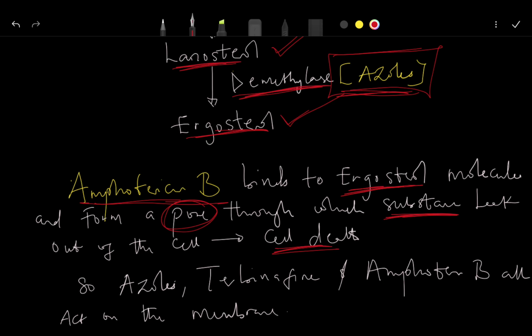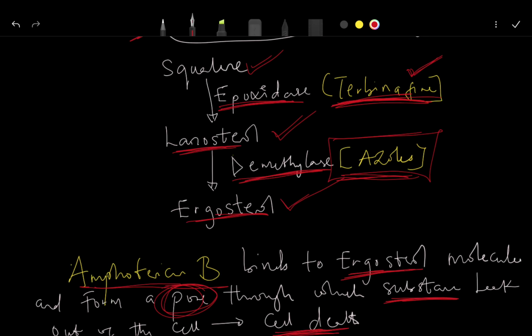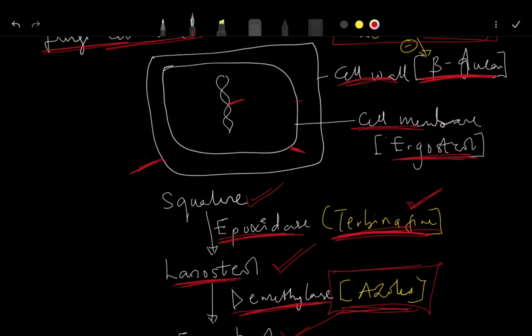So it means that amphotericin B is a fungicidal drug, because it causes pores on the cell membrane, leading to cell death. Now we can say that amphotericin B, azoles, and terbinafine are all acting on the cell membrane.